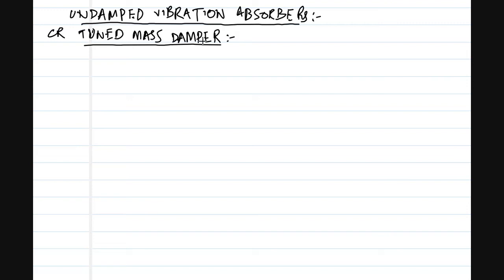It's called a mass damper, which means the mass acts in such a way that it tries to reduce the vibration. So it's normally called a tuned mass damper or undamped vibration absorber. Both words are used. Some typically use tuned mass dampers, some use the word vibration absorber, but both refer to the same phenomenon.